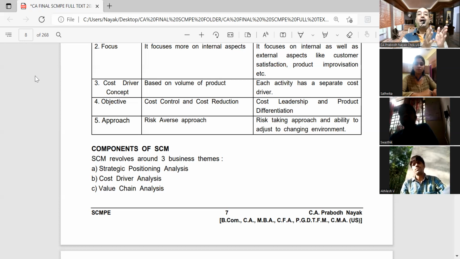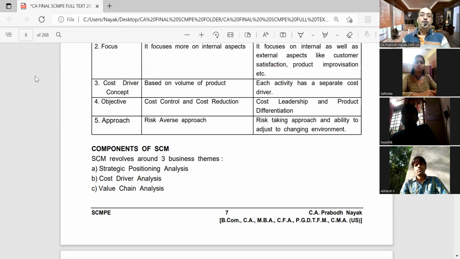Whether you belong to the iron and steel industry, whether you belong to the information technology, IT sector, whether you belong to power sector, whether you belong to infrastructure sector, right? So which particular industry you belong to? Once you know that, what is your position in the industry?